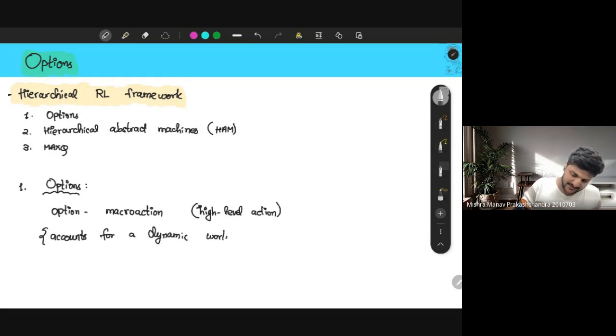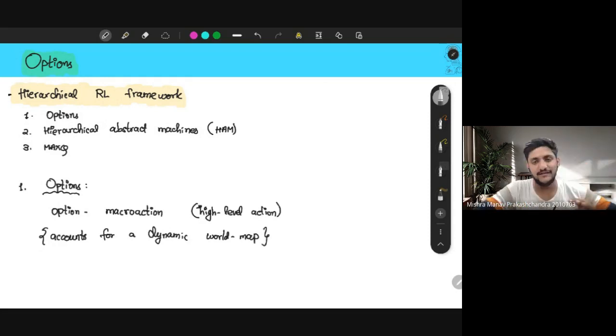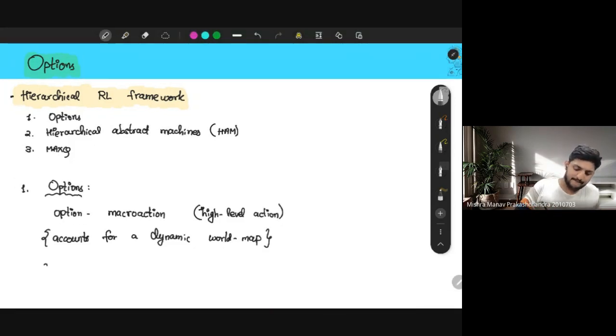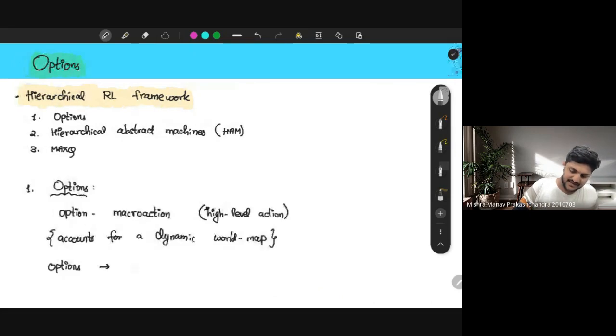In case any dynamicity occurs in the real life setup, the macro action takes that into account. We abstract the sequence into a single action known as a macro action. What options give me is sort of an encapsulated policy.